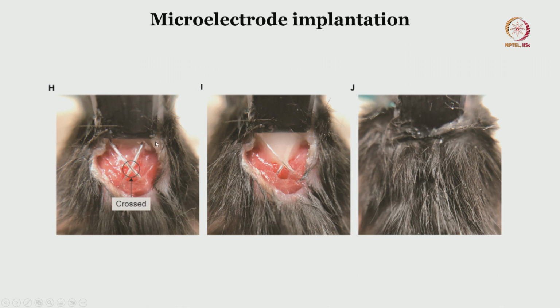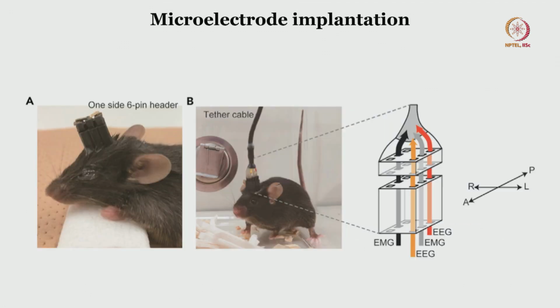The EMG wires are crossed to account for the stress and strain that can happen with neck movements, and also to give a good rigid fixation, so that the entire setup is within the acrylic, which is shown here. Once the acrylic is placed into the defect, the skin edges are brought together and closed either with suture materials or with staples, alright. So, that is about the microelectrode implantation.